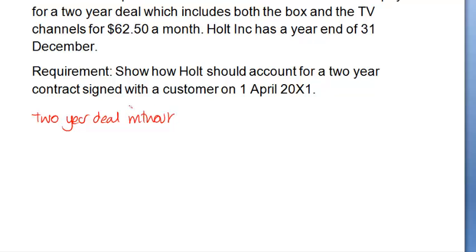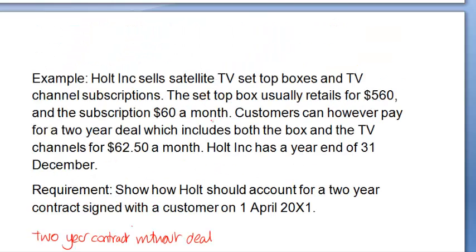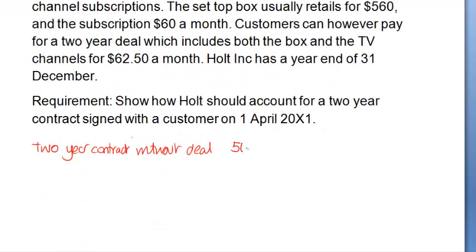A 2-year contract without the deal, how much would that be? That would be $560 for the box plus 24 months at $60. That gives us a grand total of $2,000.